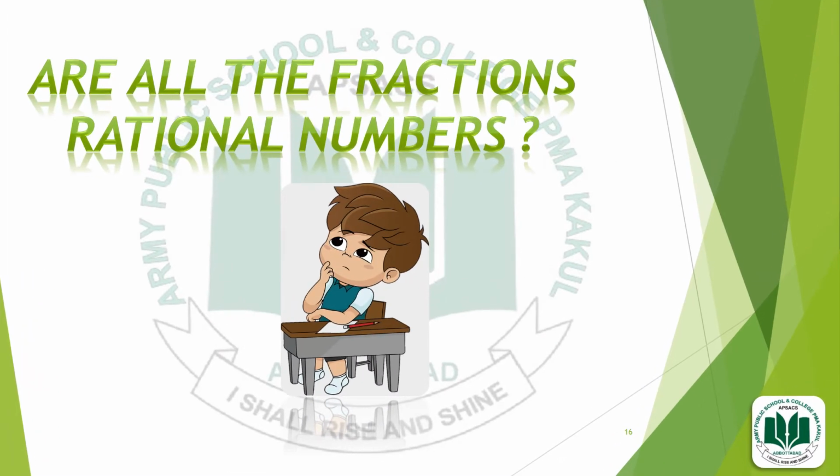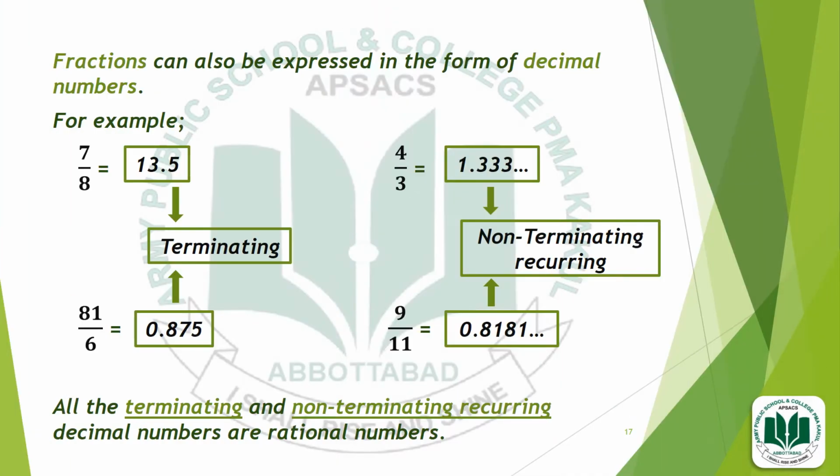Since we have just proved that all the integers are rational numbers, now a question might come to our mind: are all the fractions rational numbers? Let us find the answer. As we know, fractions can also be expressed in the form of decimal numbers. For example, 7 by 8 can be written as 0.875 and 27 by 2 as 13.5.